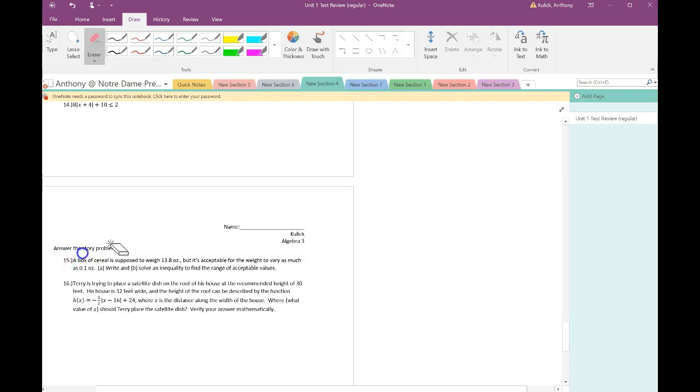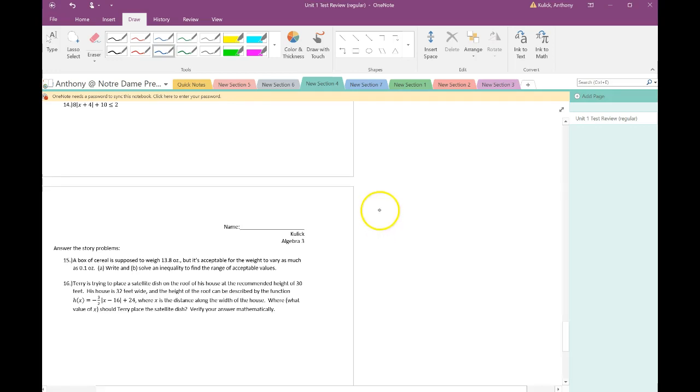Number 15, so I read the question. It says a box of cereal is supposed to weigh 13.8 ounces, but it's acceptable for the weight to vary by as much as 0.1 ounce. Part A, write, and part B, solve an inequality to find the range of acceptable values.